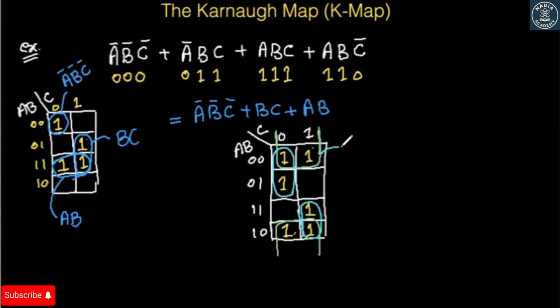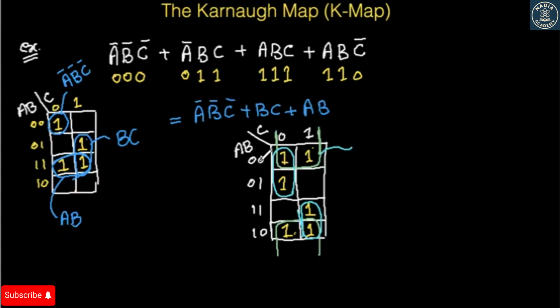Now, let's write first this biggest group, because we always want to have the biggest group. And for that biggest group, we will actually use the concept of open loop from this to the bottom ones. So we have four elements this time in this group. Now you can see, in this biggest group with the four ones, that A is 0 here, A is 1 here, so A is not included.